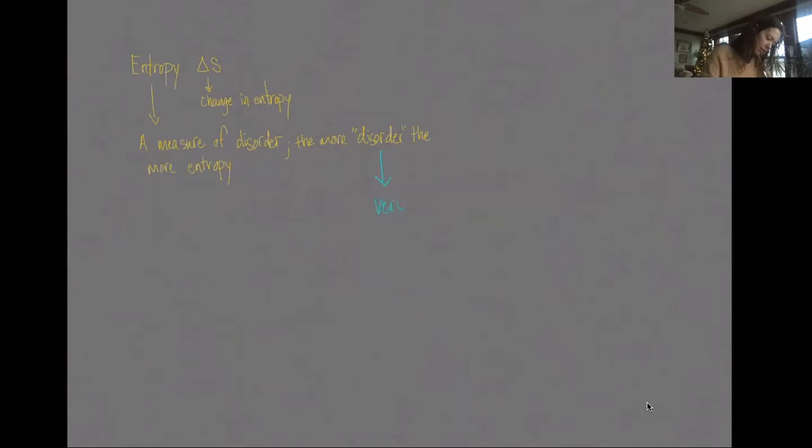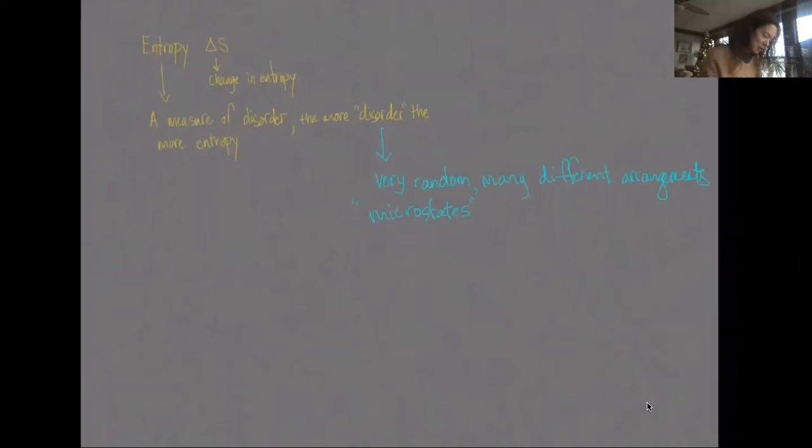Very random, but I don't really want you using that word either. I just want you to understand many different arrangements or microstates. And I personally think that for your exam, the term microstates is probably a better term. Entropy is hard to explain, okay?